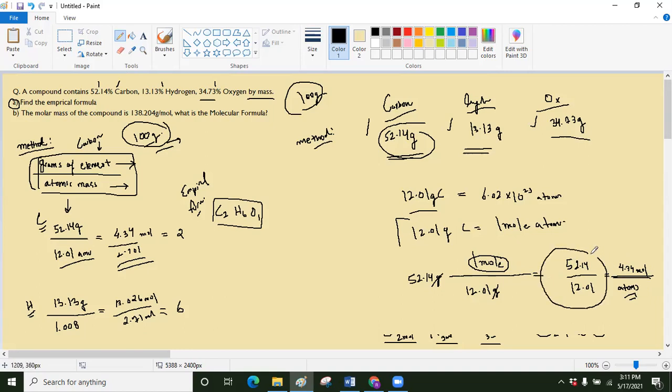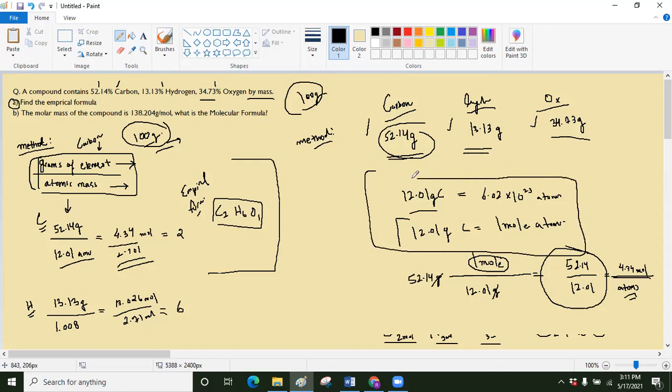So what this formula here is trying to have you do is still 52.14 grams over 12.01, but it saves you from having to go through this conversion factor and then doing that for every single element.